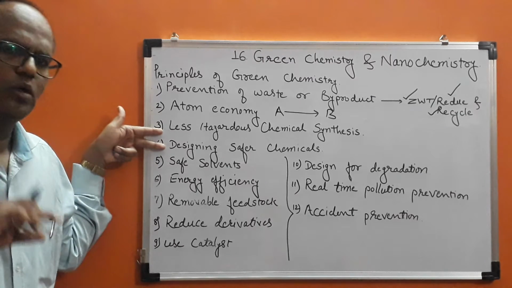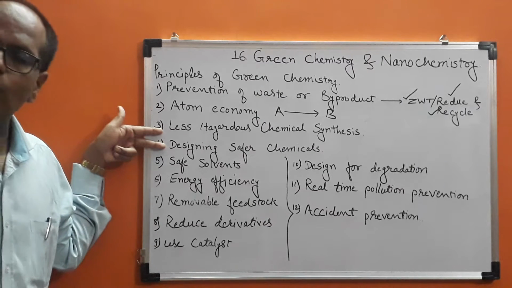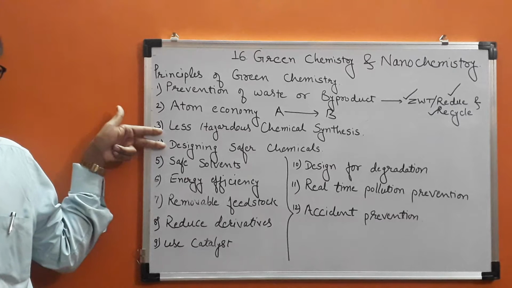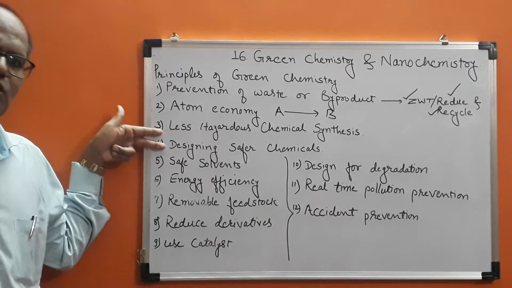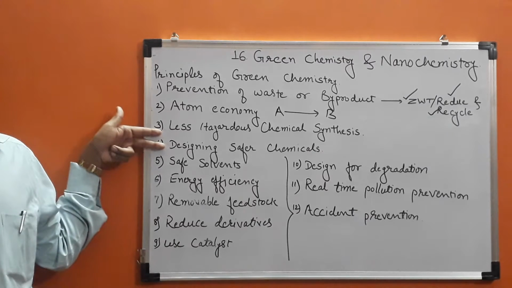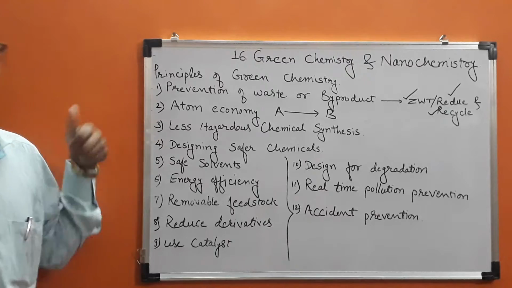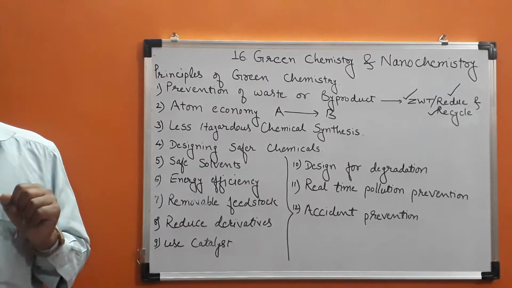So what to do? Design the chemical reaction in such a way that we avoid the use of benzene. Instead of benzene, let us use some other chemical material. Means we are using safer chemicals, less hazardous chemical substances.